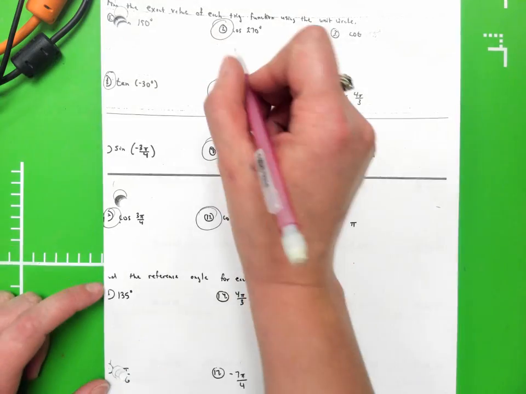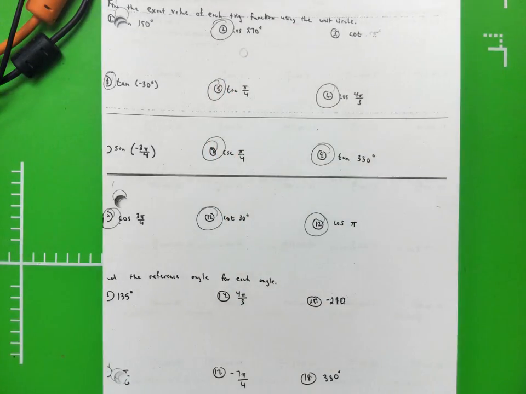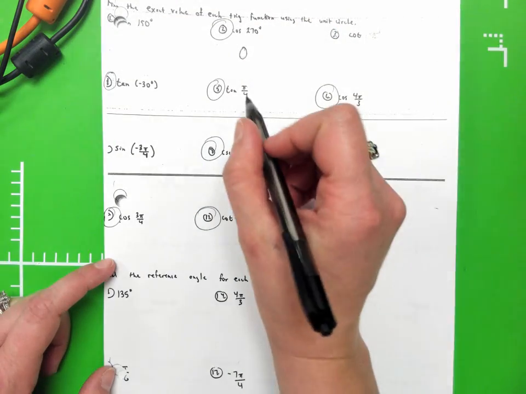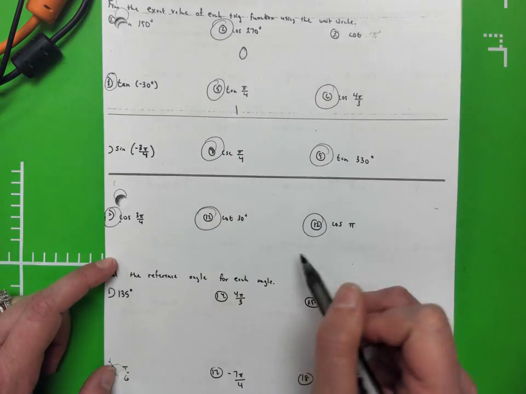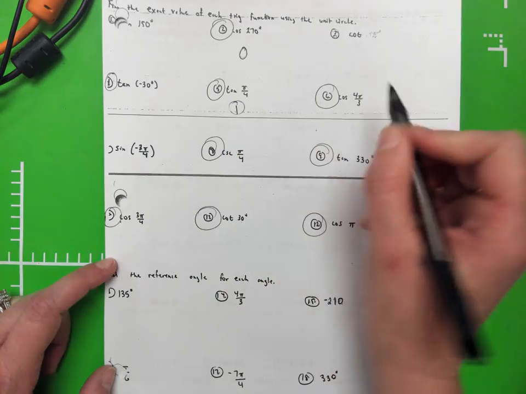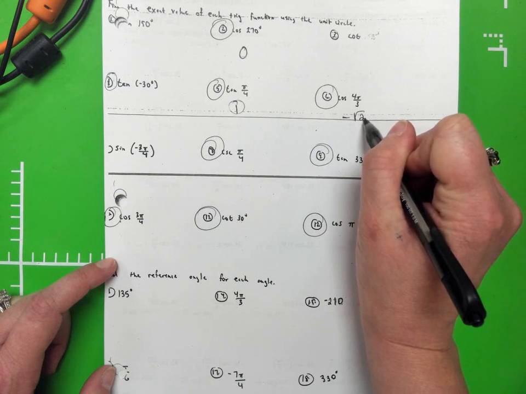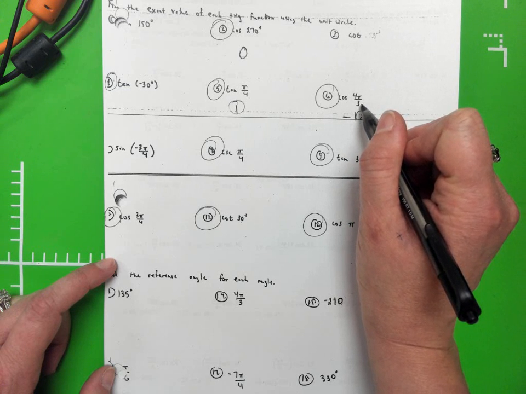Alright, what'd y'all get for number 2? 0. Oh, I gotta have my pen so y'all can see this. What'd you get for number 5? Positive 1. Very good. And number 6? No. Pi over 3 is 60 degrees.